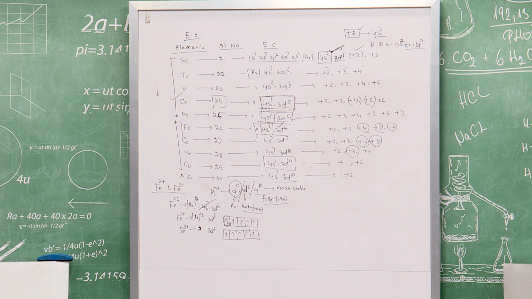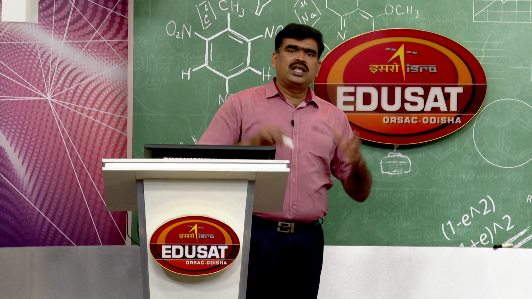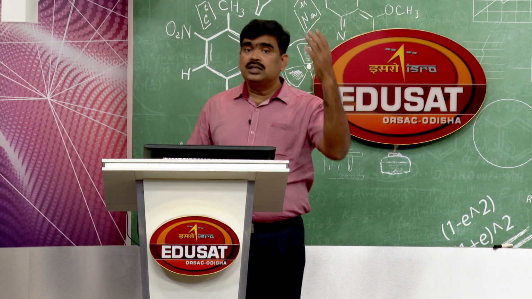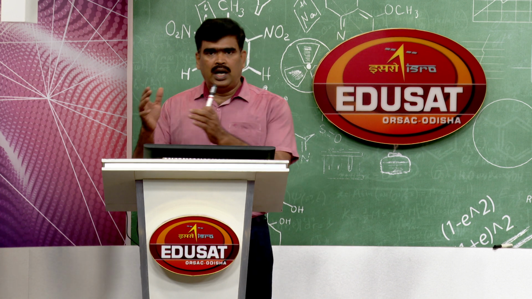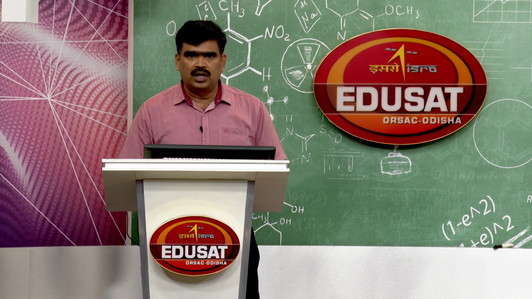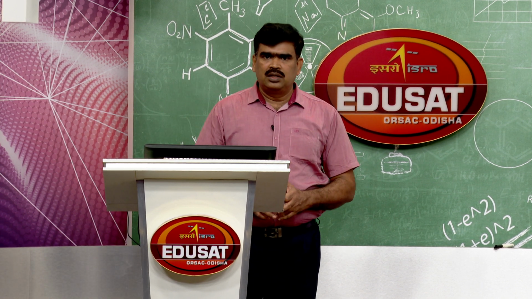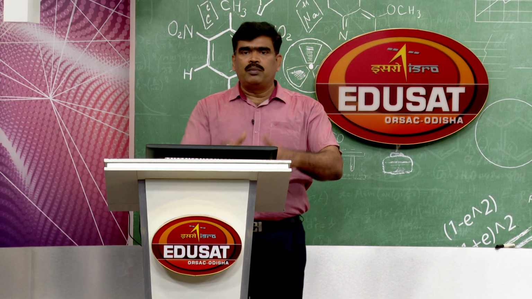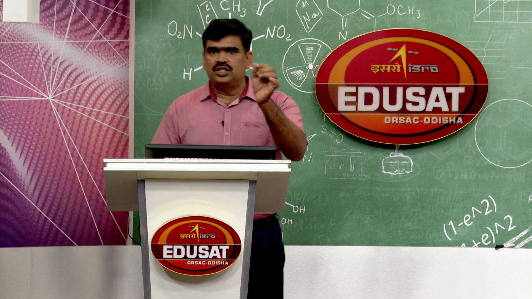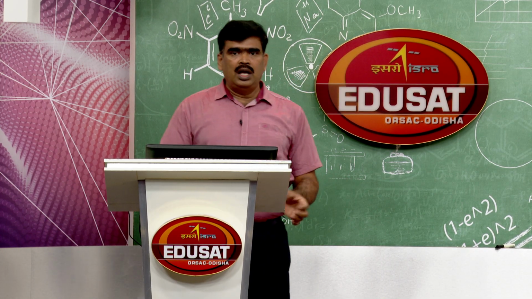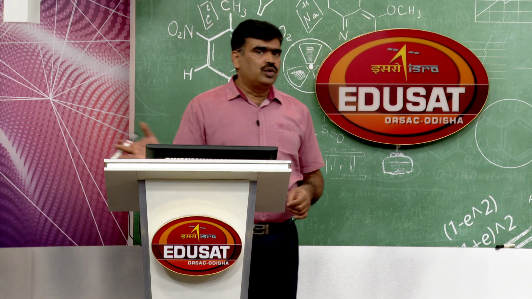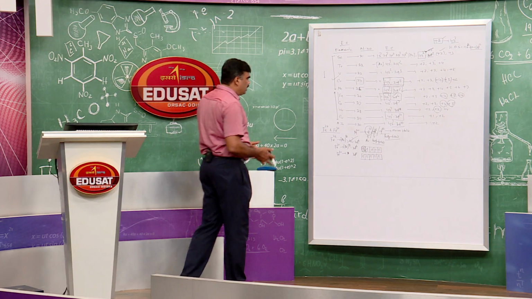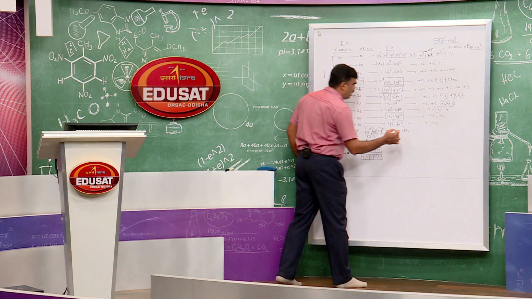So stability depends upon many factors like enthalpy of atomization, ionization enthalpy, and enthalpy of solution. Enthalpy of atomization is how much energy is required to convert that metal to a gaseous atom. Ionization energy and enthalpy of solution, in toto, give the standard reduction potential.